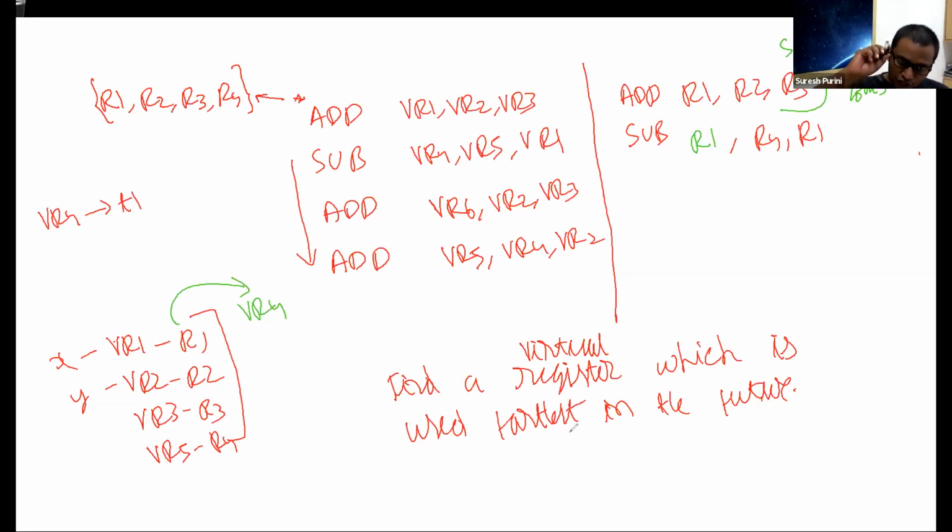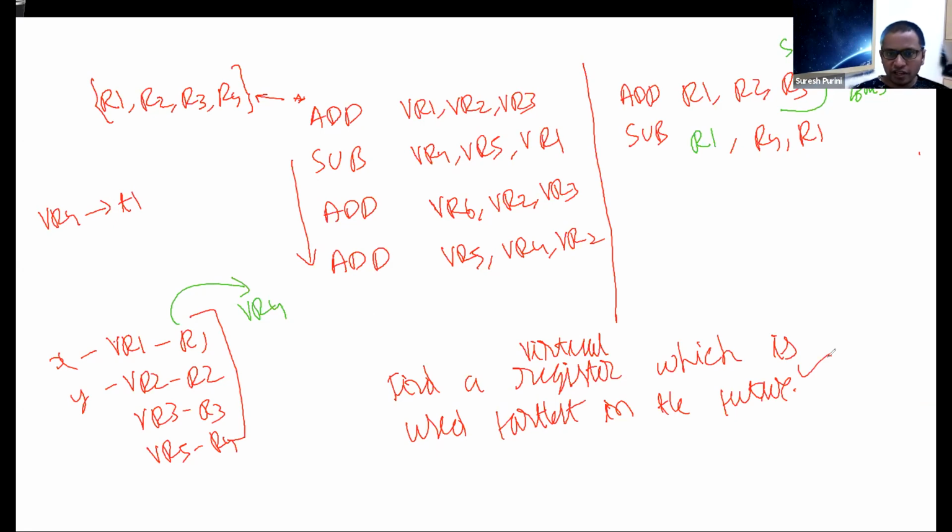The problem which we face in the context of virtual memory, we don't face in the context of register allocation within a basic block using this particular strategy, that is, find a virtual register which is used farthest in the future and spill it.